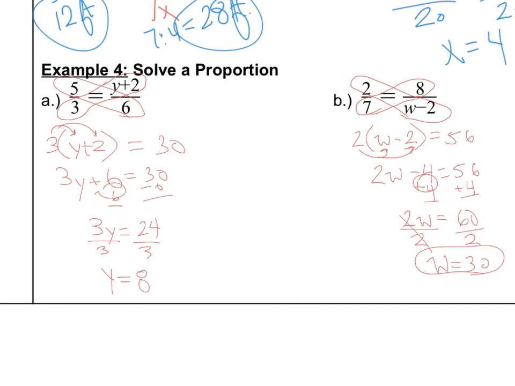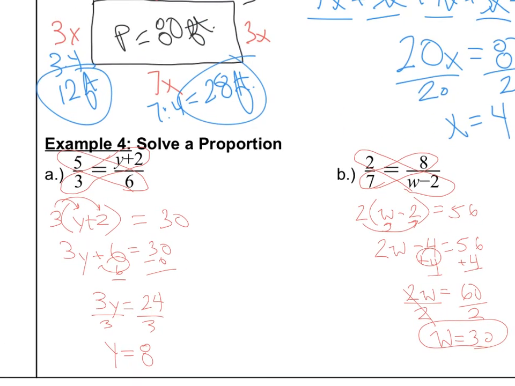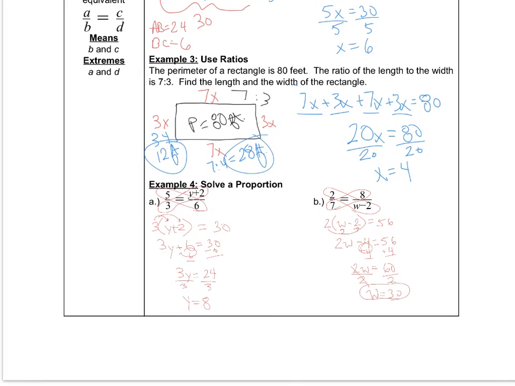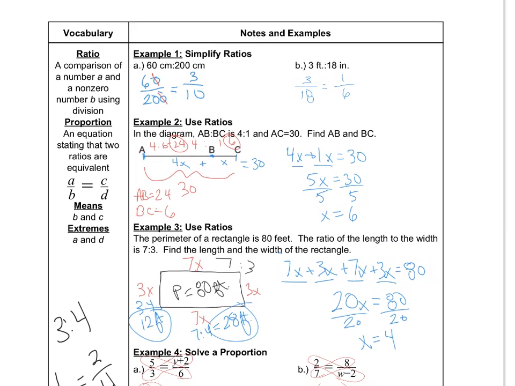Okay? So just remember, ratios, we're dealing with comparing like the length and the width. They're two things that are similar, but they're not the same size. So they're going to be written with a colon like this, like 3 to 4. Where proportions are written as fractions and they're set equal to each other, like that. Okay, and we just had to do a little bit of algebra, a little bit of math involved here.